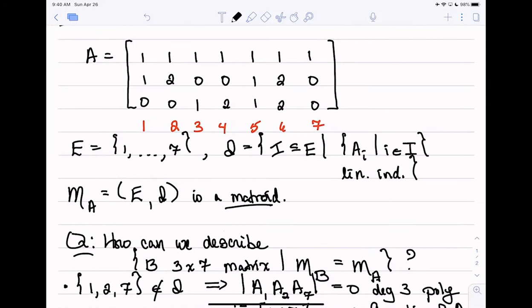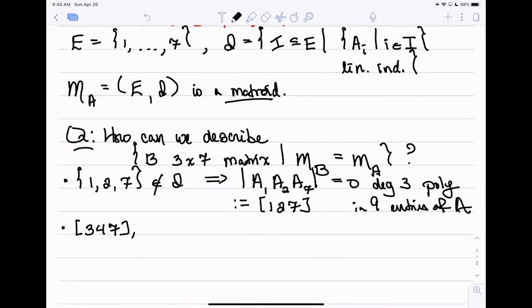So then that tells me that the bracket 5, 6, 7 also has to be 0, okay? So now I have 3 degree 3 polynomials, each using 9 entries of a matrix, that would have to be 0 if that matrix has the same matroid that I started with.